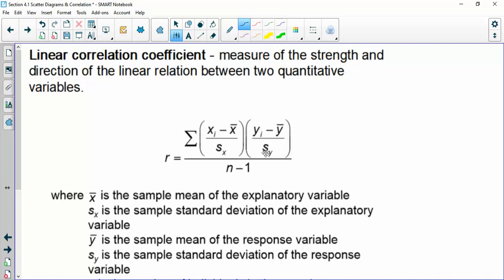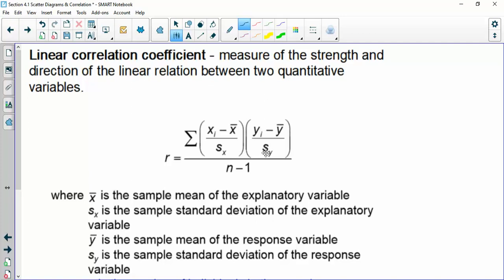Basically, you have to take all of your ordered pairs, the x value minus the mean of that x value divided by the standard deviation for the x. Do the same thing for the y's. You multiply those together, add them all up, and divide by n minus 1. It is a very time-consuming calculation to do by hand, but thankfully our calculator will do it all for us. So we don't have to do it all by hand.